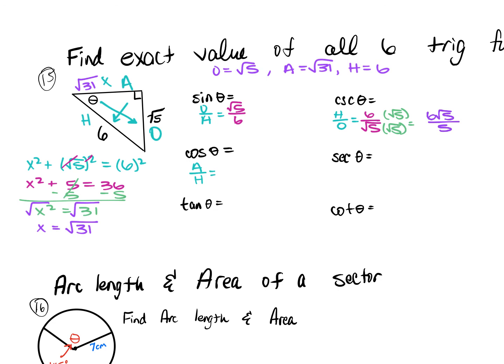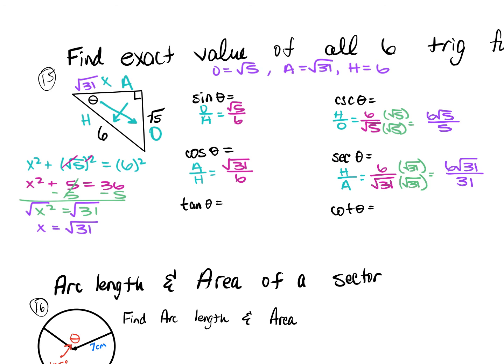So that one is going to be the square root of 31 over 6. Your secant is the reciprocal of cosine. So that's hypotenuse over adjacent, which is 6 over the square root of 31. You multiply the top and bottom by the square root of 31, and that gives us 6 square root 31 all over 31.